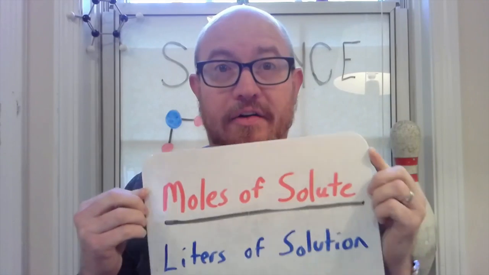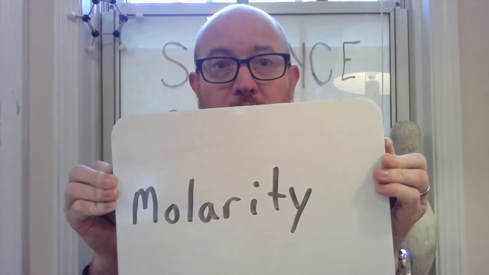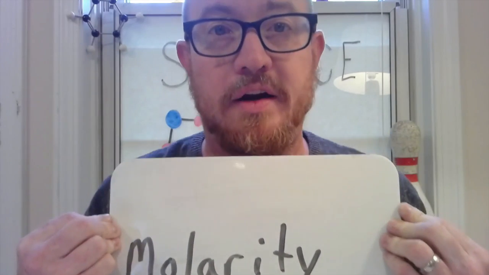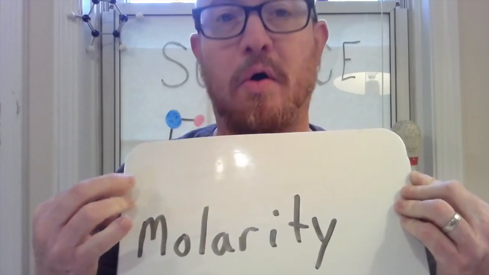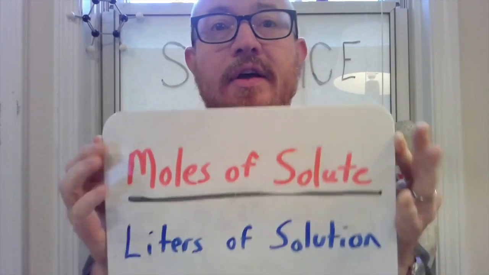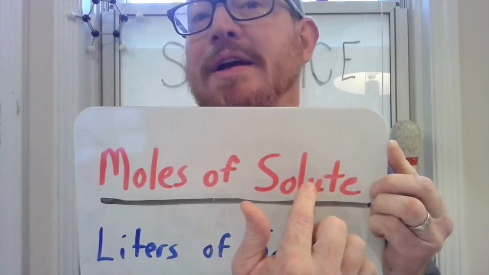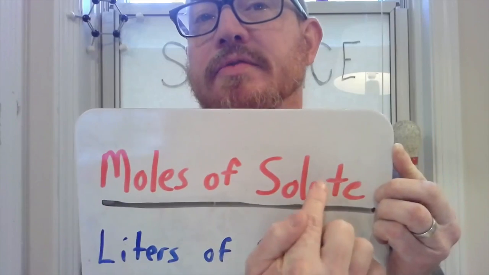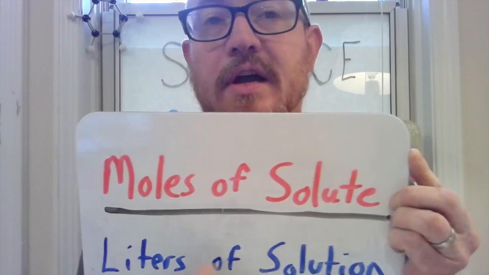So, molarity again. This guy. This is what we're looking for. This is what concentration means in chemistry. How many moles of that stuff do you have? Remember, the moles of solute. That would be our salt right here. Moles of salt, in our case, divided by the liters of solution.